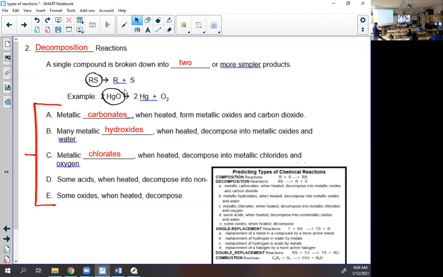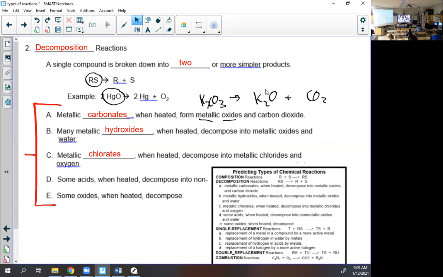And we'll do a demonstration in a minute, but there are five ways that reactants break apart. A metallic carbonate, if you add heat, will decompose into metallic oxides and carbon dioxide. So like if I had K2CO3 and I heated it, it'd make K2O, a metallic oxide, and carbon dioxide.